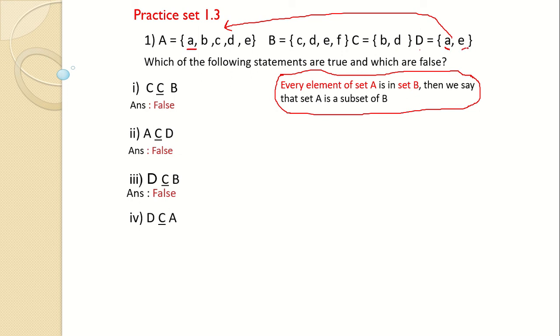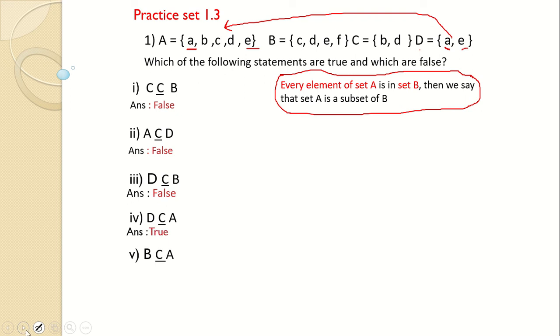Then E. Element E is here, element E is here too. So A and E, all the elements of D, are found in set A. Therefore, we will say definitely D is subset of A, and therefore it is a true statement.